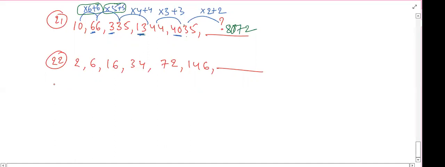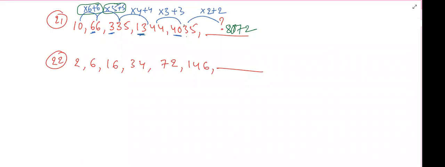Yes, into 2 plus 2, into 2 plus 4, and repetition. Okay, okay.